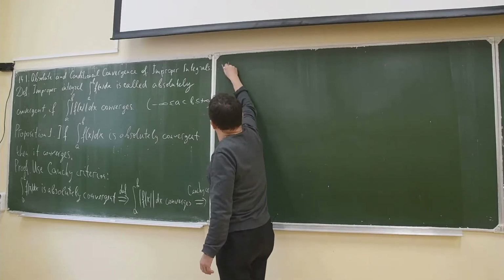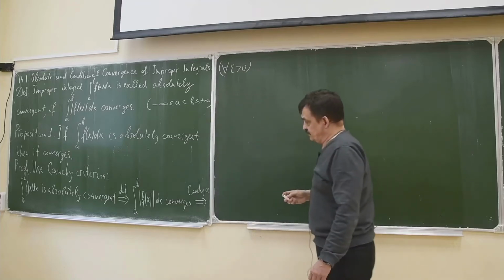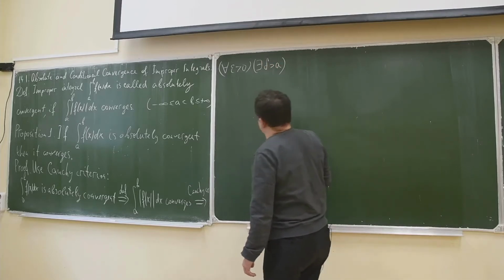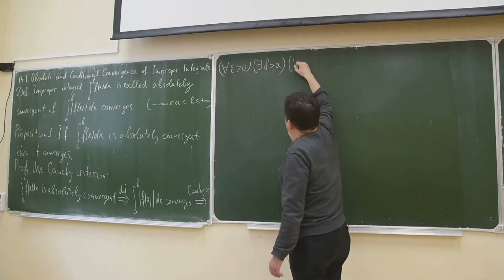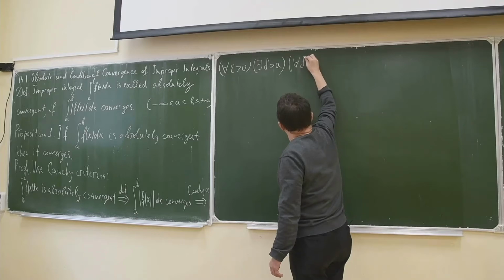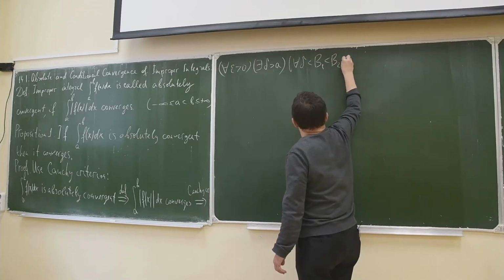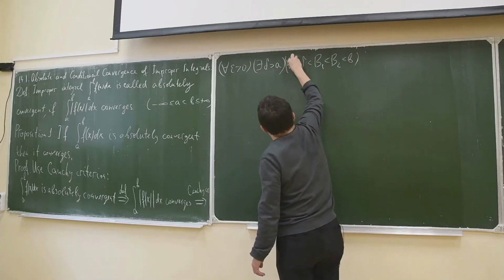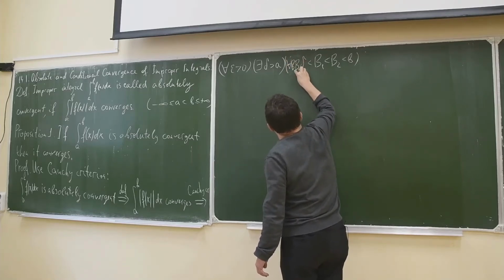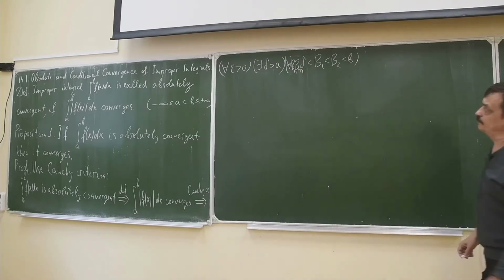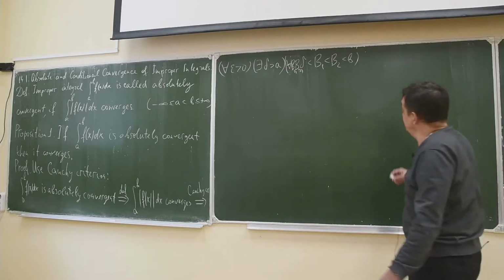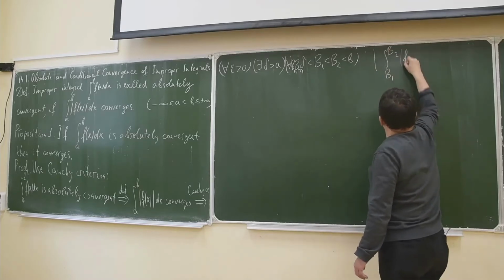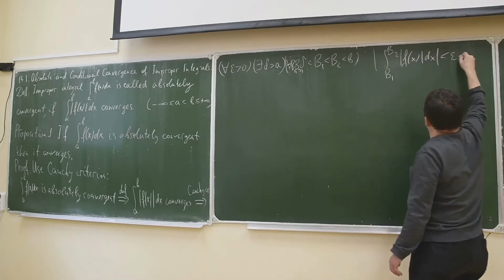So by the Cauchy criterion, what we can say? For arbitrary positive epsilon, there exists delta greater than a, such that for all b1, b2 such that delta less than b1 less than b2 less than b, we have the inequality: modulus of the integral from b1 up to b2 of modulus f of x dx less than epsilon.